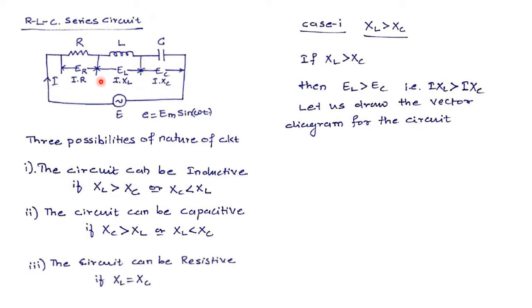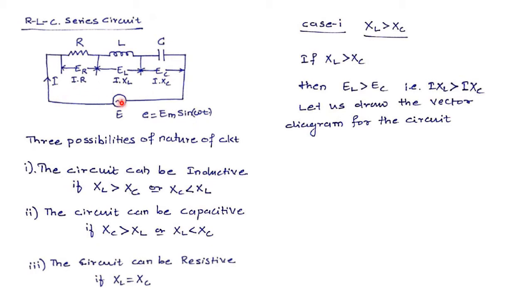Okay. So don't get confused with E equal to Em sin omega t. I told in the previous point that I take voltage from a reference axis. Okay. So what I am doing here is simply taking the initial phase angle of voltage starting at 0 for my convenience.